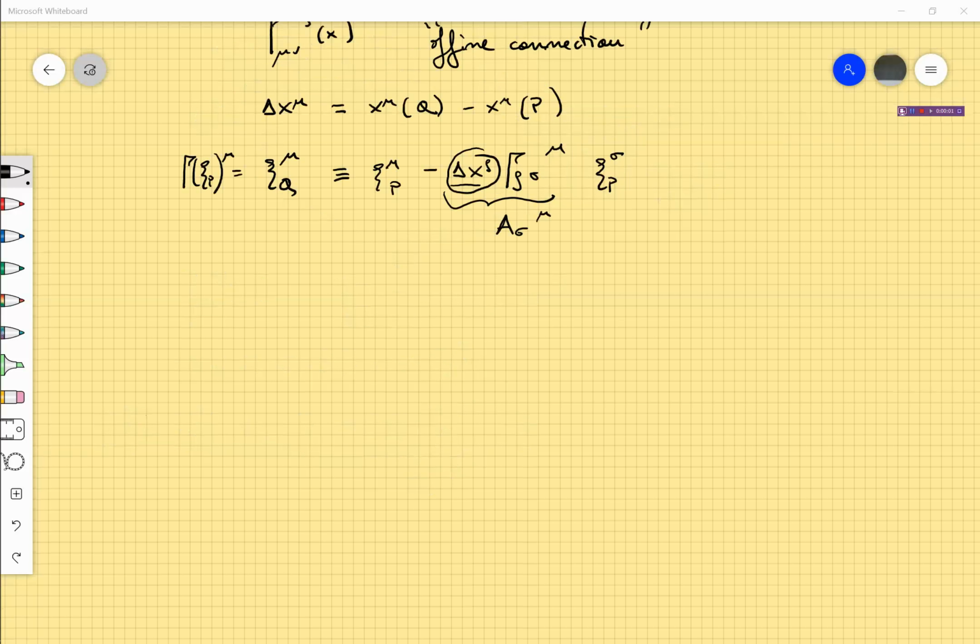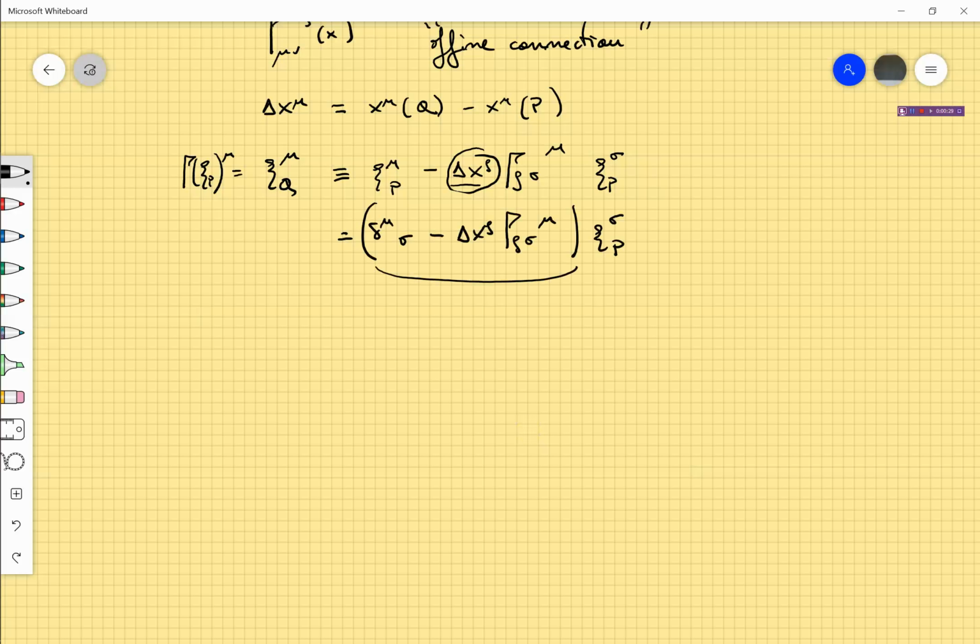Now let us rewrite this in a way in which it is manifest that this is the linear transformation we had promised. So we can rewrite this psi mu as delta times psi mu, and this expression, everything multiplying psi sigma p. Okay, and this is an infinitesimal, a matrix which is infinitesimally close to the identity matrix.